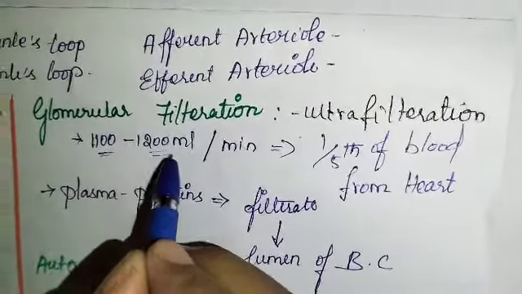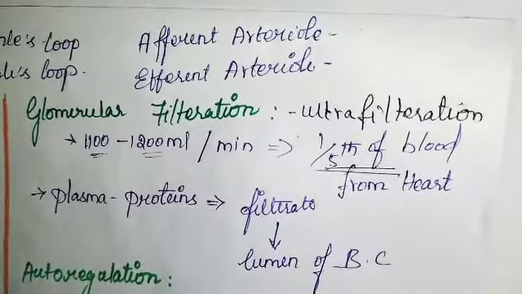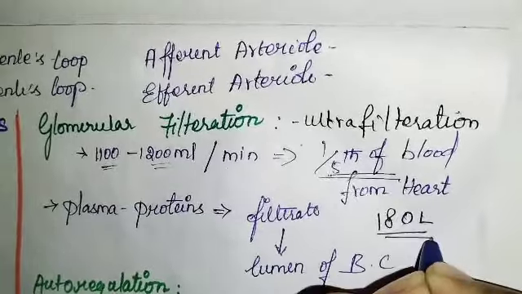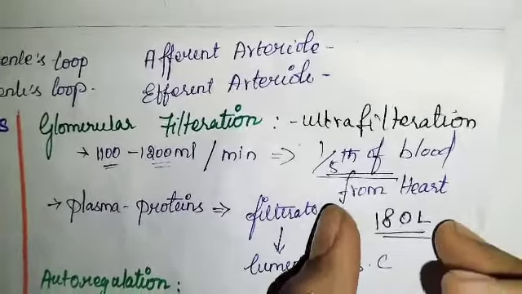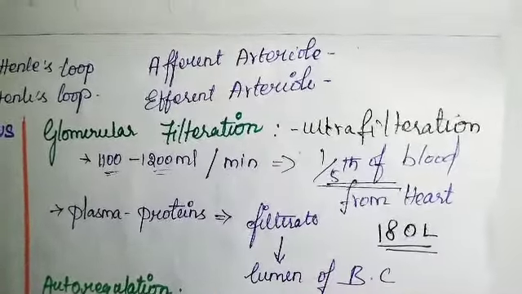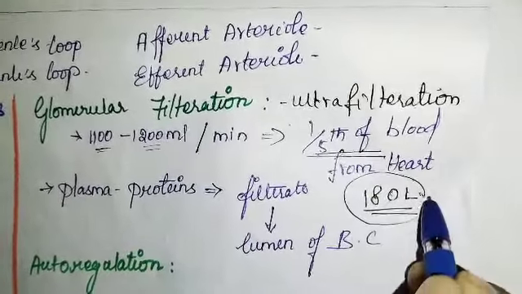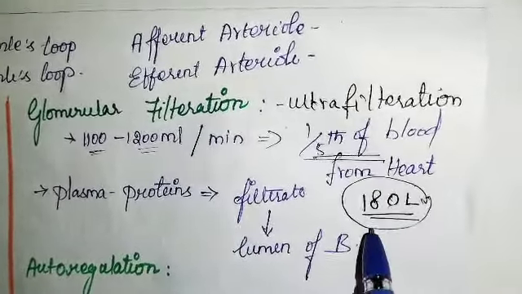That is totally 1/5 of the blood from our heart reaches our kidney. From this we have 180 liters of the filtrate through the glomerulus. Okay, so most of the blood is filtered. So this is glomerular filtration, and that is why it is ultrafiltration.